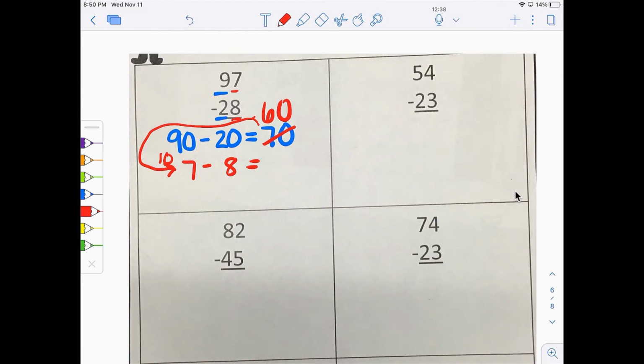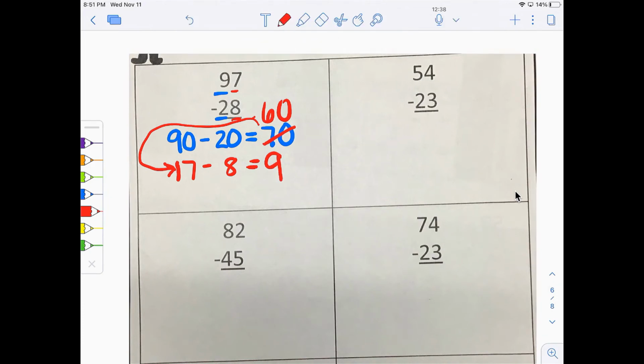We can just put the 1 here. And remember, that's the tens place, okay? So the digit is 1, but the value is 10, and we show 17. What you're doing is borrowing that 10 and adding it to the 7 to make 17. So now we have 17 minus 8, which is 9.